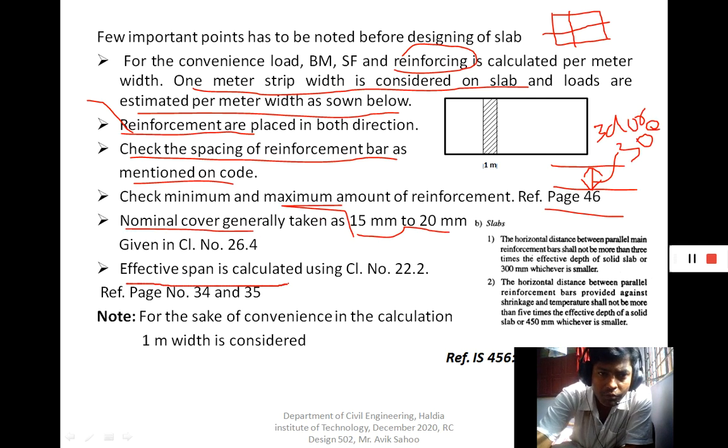Effective span is also calculated using the clause number, with reference to pages 34 and 35. That I shall discuss later when we discuss the design example of a two-way slab. And note that for the sake of convenience in calculation, 1 meter width is considered.